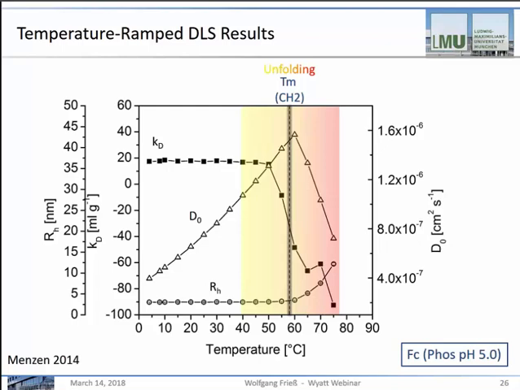And this is also what we notice in the DLS experiments. Although the hydrodynamic radius stays still in the same region, at about 50-55 degrees C, we see that the Kd starts to decrease.